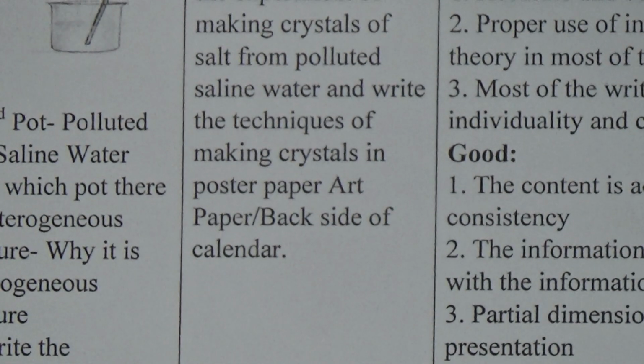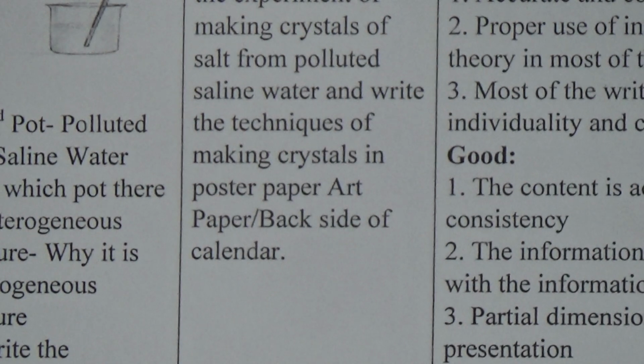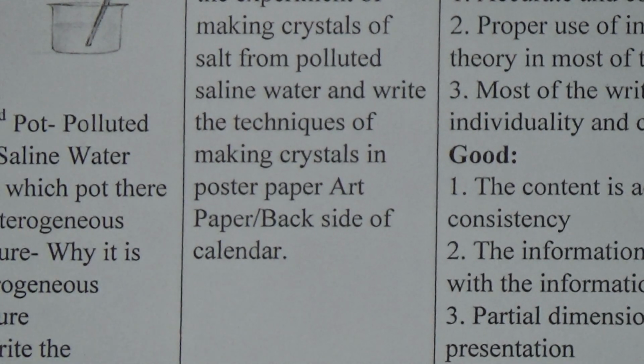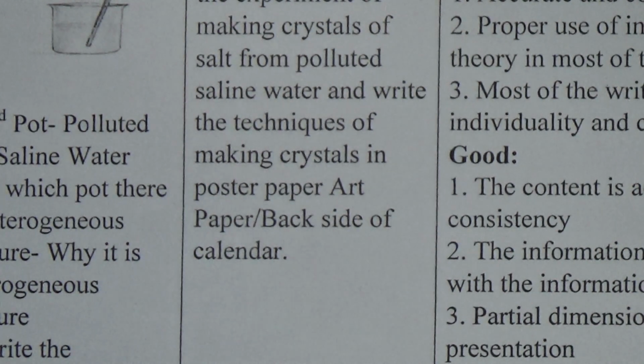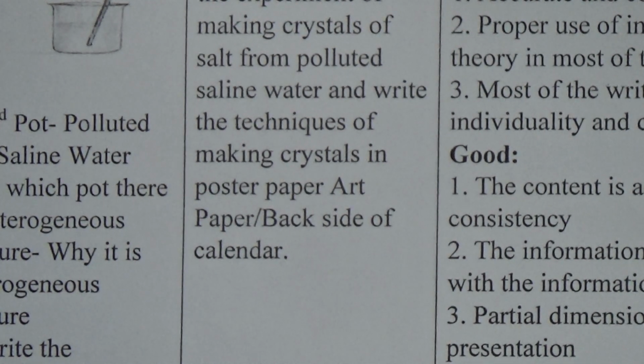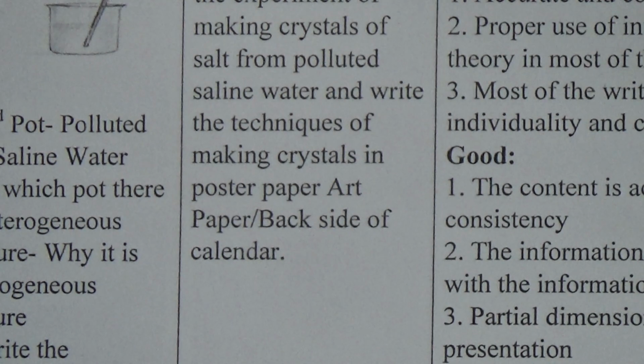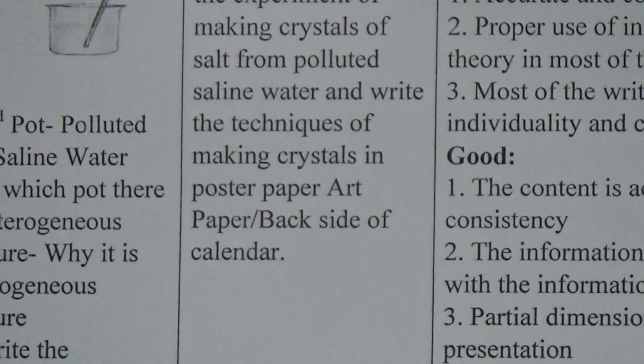Here are the instructions, and you have been given 2 works. In the first picture you see the jhalmuri, and in the second picture you will find polluted saline water. Now we do the assignment.